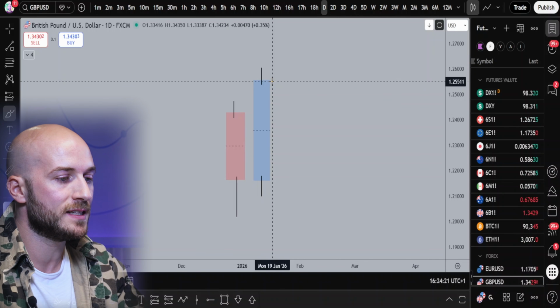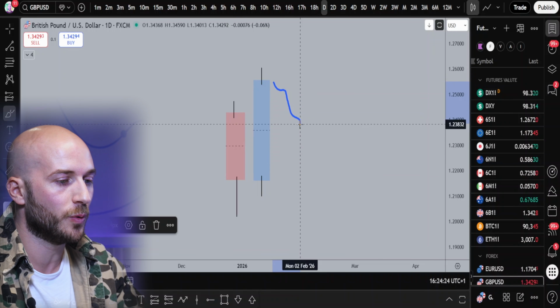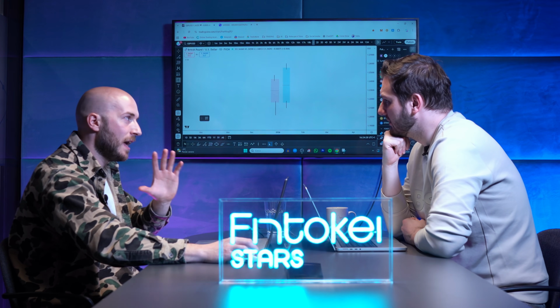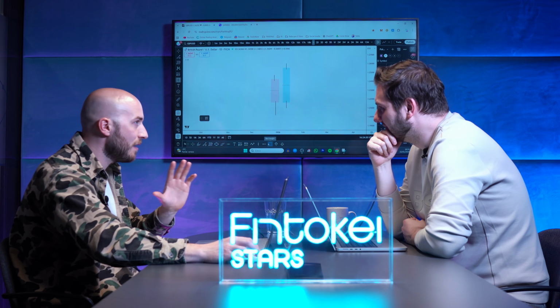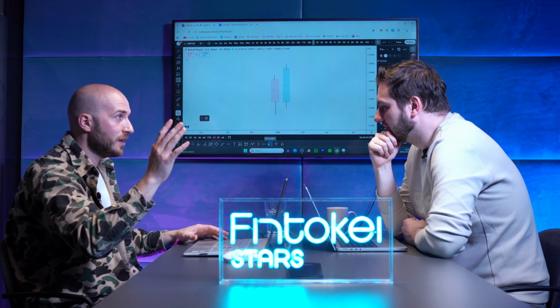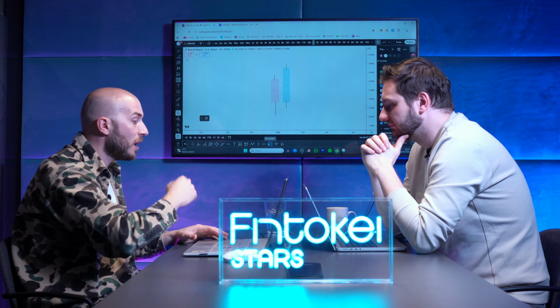Why? Because if I see the price start and go lower... Sorry, but what time frame do you use? Does it matter? It doesn't matter. This is happening every time. It's a fractal concept I use from the 12 months until the daily, the 4 hour, the 1 hour.